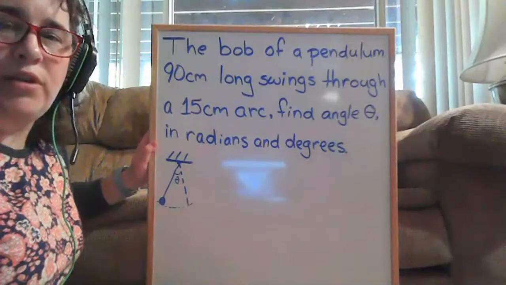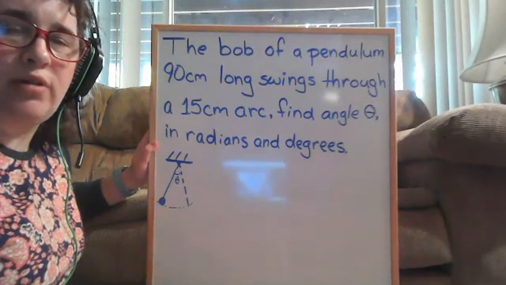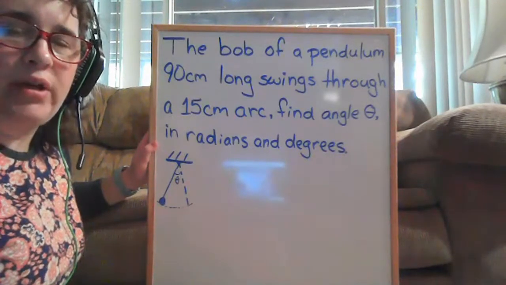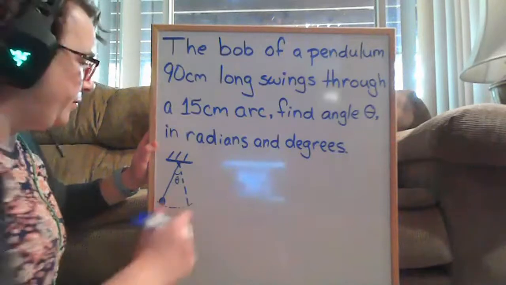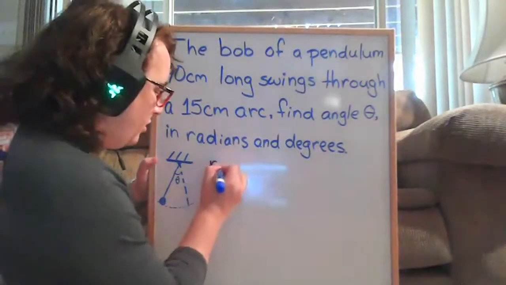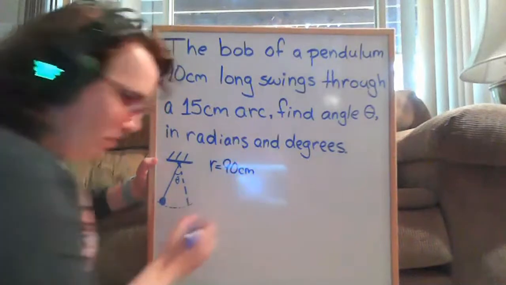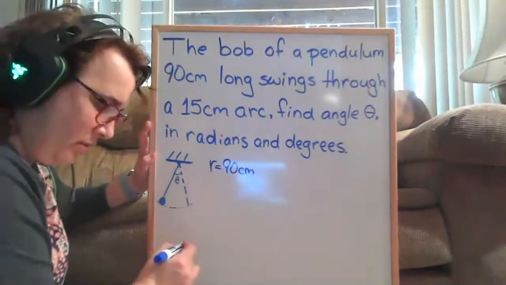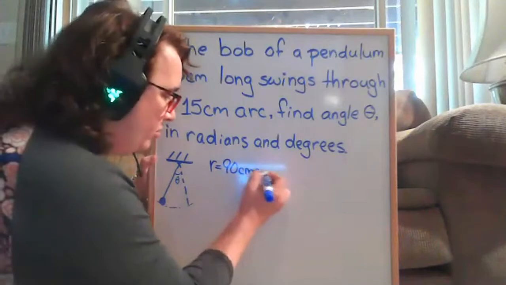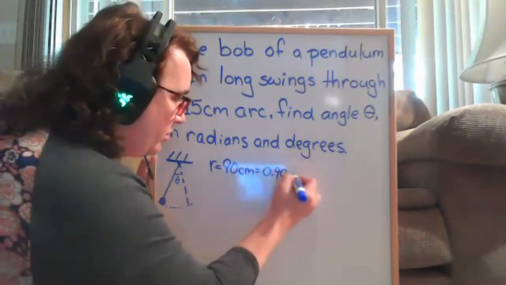The bob of a pendulum, 90 centimeters long, swings through a 15 centimeter arc. Find angle theta in radians and degrees. Well, my r is equal to 90 centimeters, which is equal to 0.90 meters.